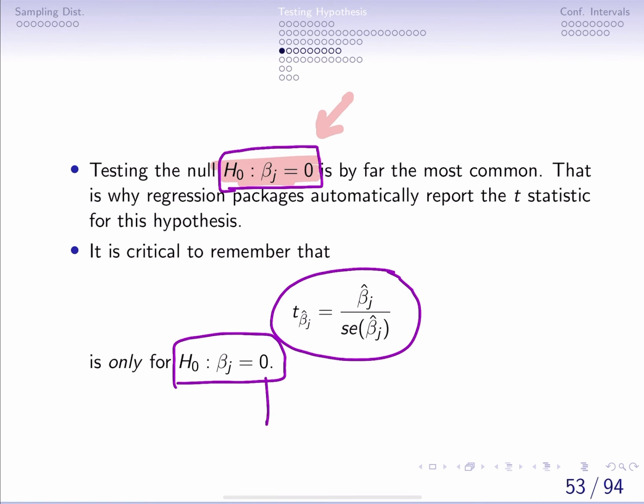So whenever we are hypothesizing that the effect of xj has no bearing on y, that is what is being captured here, okay? And we'll see later what happens if we change this 0 to something else.